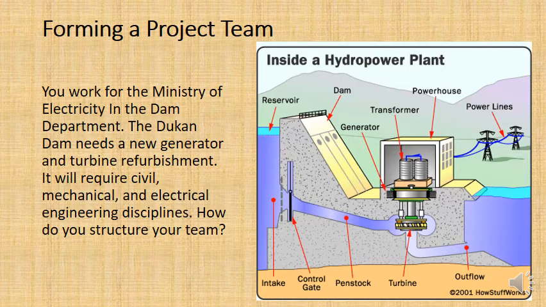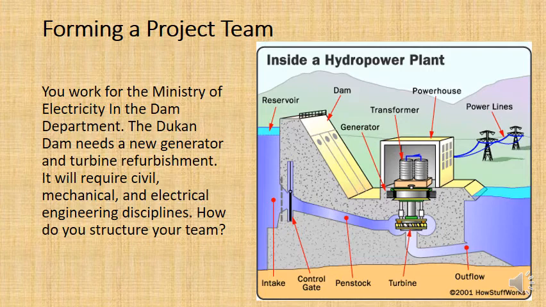So let's look at an example here. We've got a project where we're working for the Ministry of Electricity, and we will work in the dam department. Now, the Dukan Dam needs a new generator and turbine refurbishment. So look at that picture of a hydroelectric dam on the right.